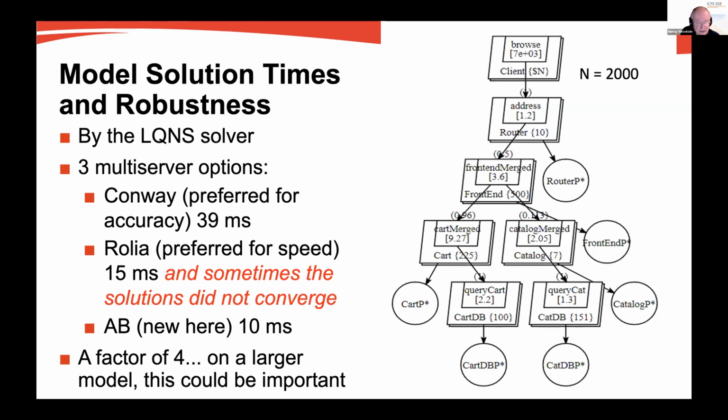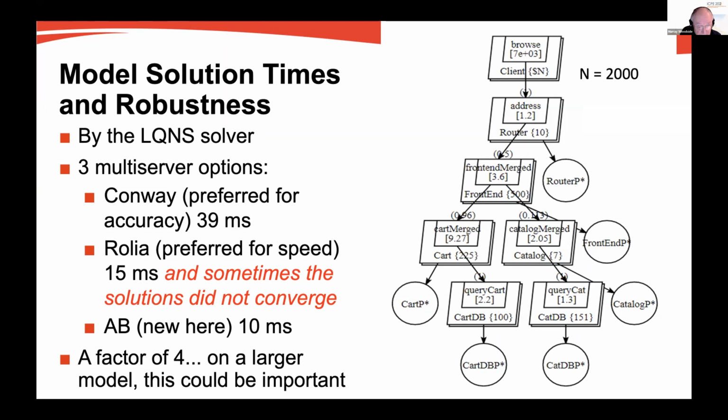The Rolia approximation doesn't require any marginal distribution. And we tried a new approximation, CU's thesis work, which we call AB. AB has been implemented in LQNS, and solution time is about 4 times faster than Conway and a bit faster than Rolia.